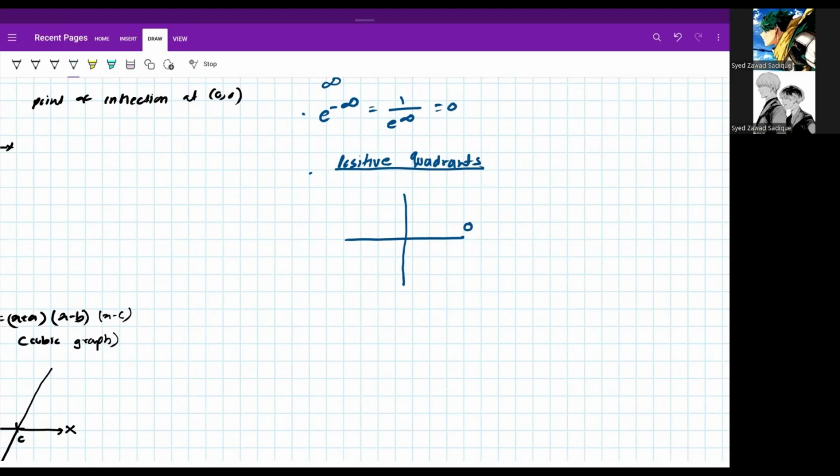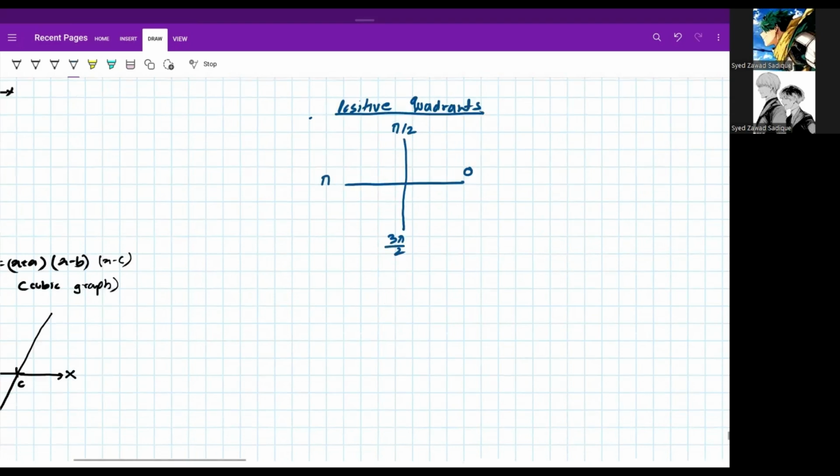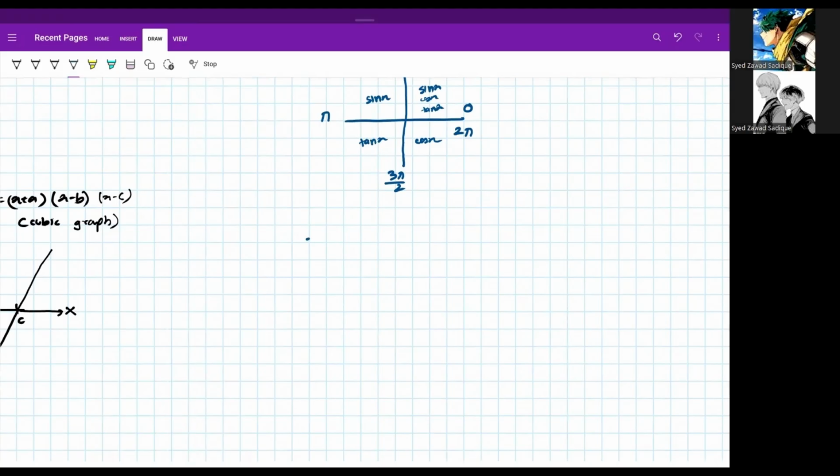At the top, 0, pi by 2, pi, 3 pi by 2, and 2 pi. Okay? Sin x, cos x, tan x, sin x, tan x, cos x.